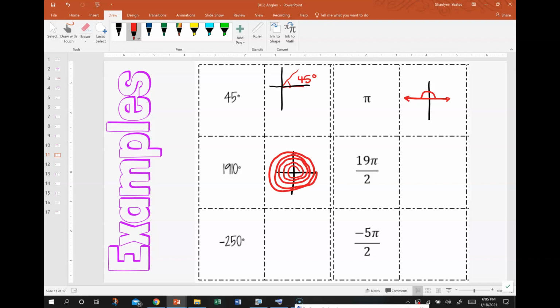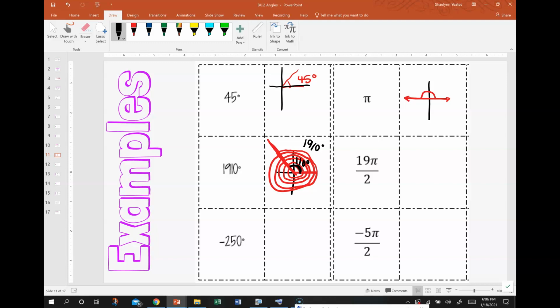Okay, we rotated 5 times. And then we would rotate another 110 degrees, which is about here. So this is 1910 degrees. Okay, this is the same as 110 degrees.